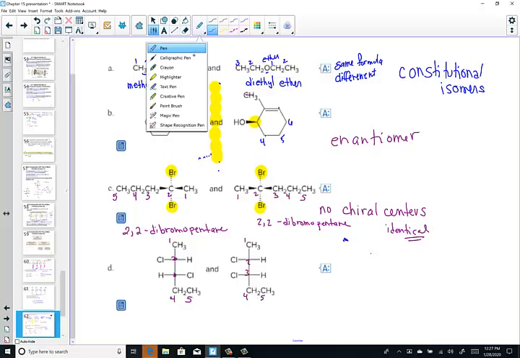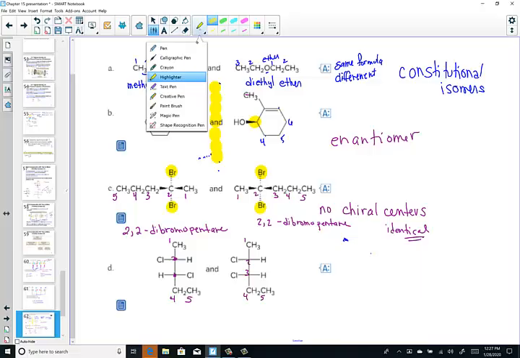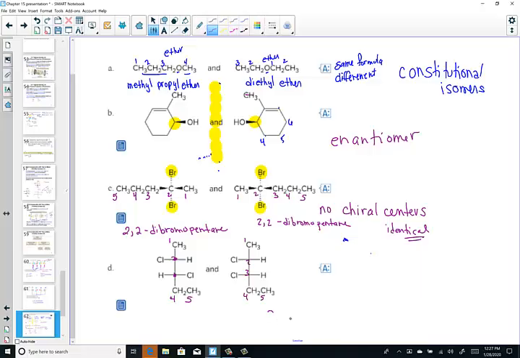So we know because they have chiral centers that they could be enantiomers or diastereomers. Those are now our 2 choices. Let me write that. Since there are 2 chiral centers, that leaves us the following choice.